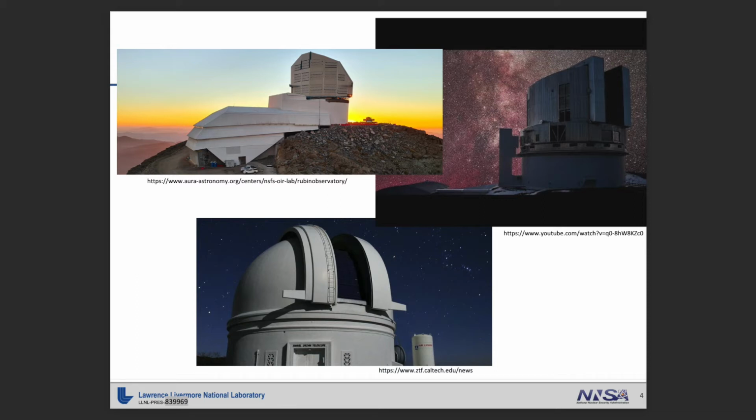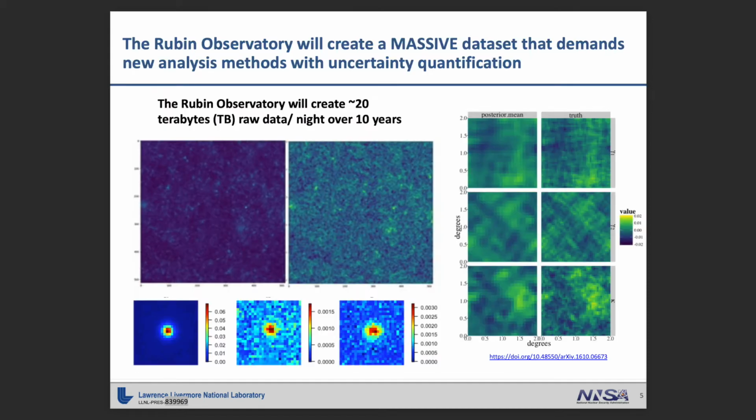That's going to be the largest and deepest space survey that's going to come online in just a few years. This data is going to create maybe about 20 terabytes approximately of sky pictures overnight, and this survey will go on for about 10 years. So we have to be able to have automatic methods that can sort reliably through this information.